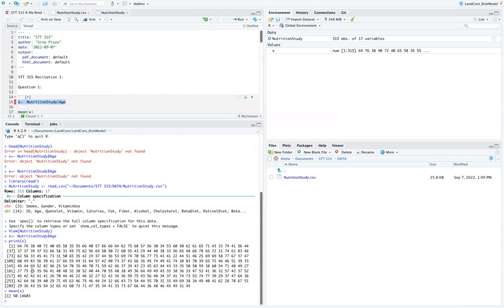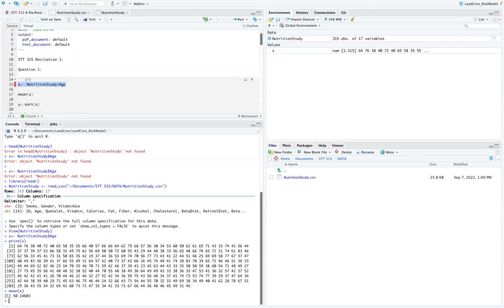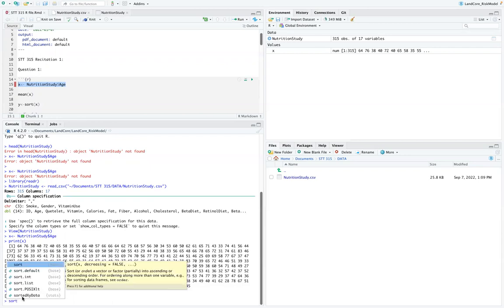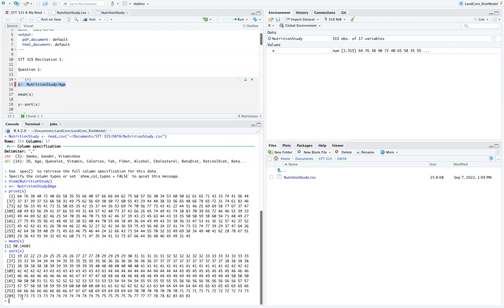Next, part B, we want to find the median. We can do sort X, which takes the list of ages and sorts it from smallest to largest.